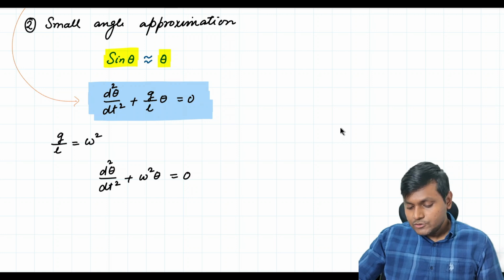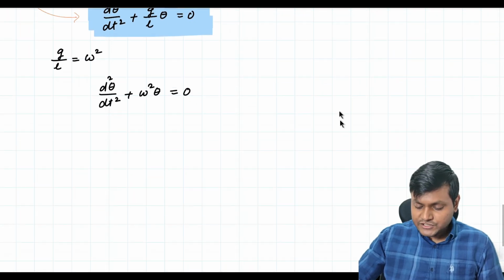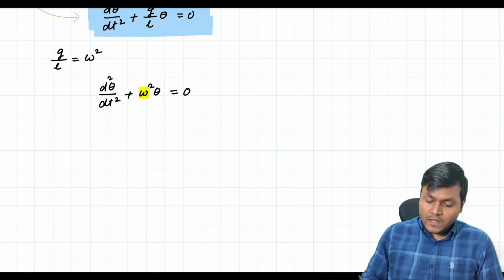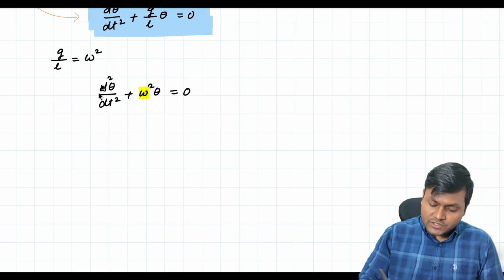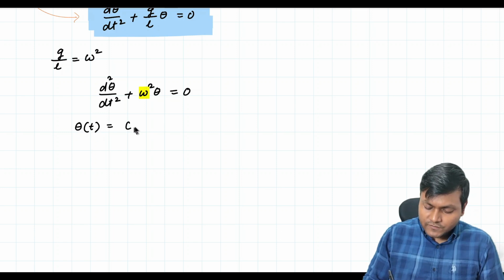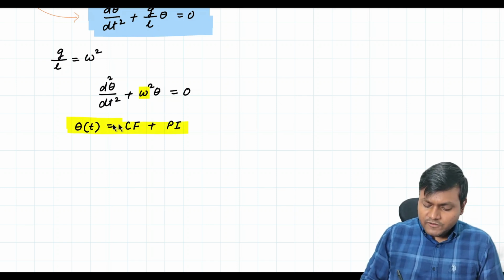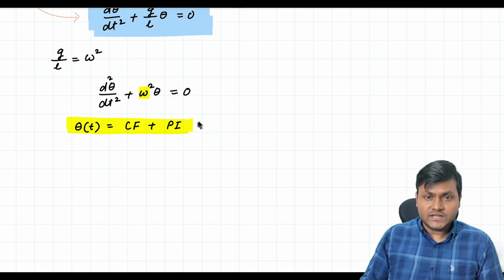What is the solution of this kind of a differential equation where omega here is a constant? Well, equations of this form, their solutions theta are written in terms of the complementary function and the particular integral. Now, of course, this will require a little bit of an idea of how to solve differential equations, and I'm assuming that you have some idea of how to approach differential equations.